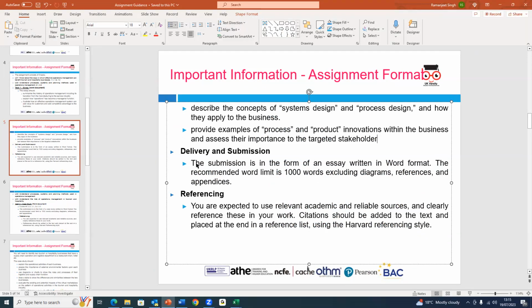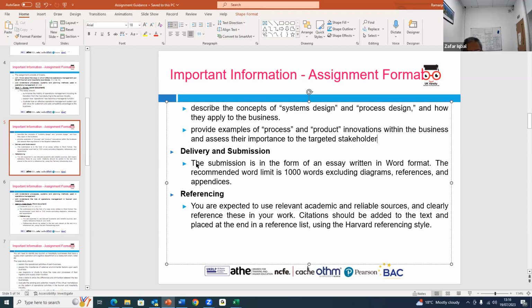You should include some diagrams. Maybe you can include tables, or some appendices if you want to. Include charts, diagrams, tables, pictures, backed with references and appendices, and make sure the citations are in Harvard style.